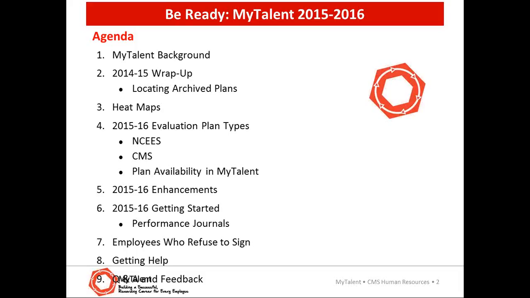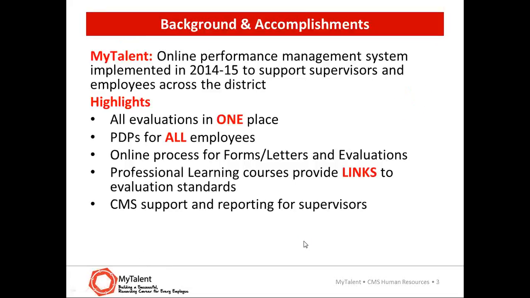We'll be talking about our enhancements and help you in getting started with the evaluations for this year. We're going to talk briefly about employees who refuse to sign their documents throughout the year, and then last, getting help and some feedback.